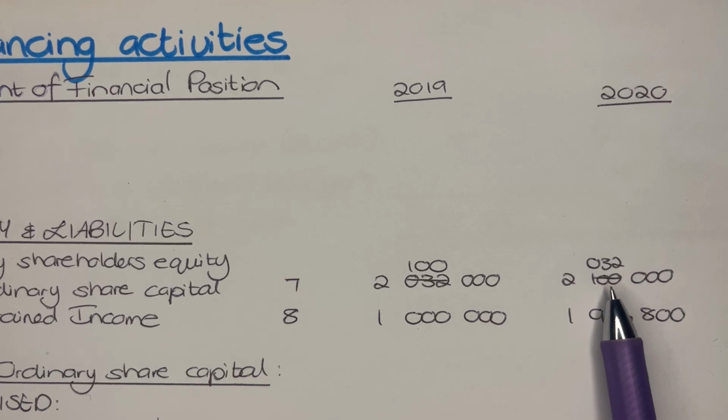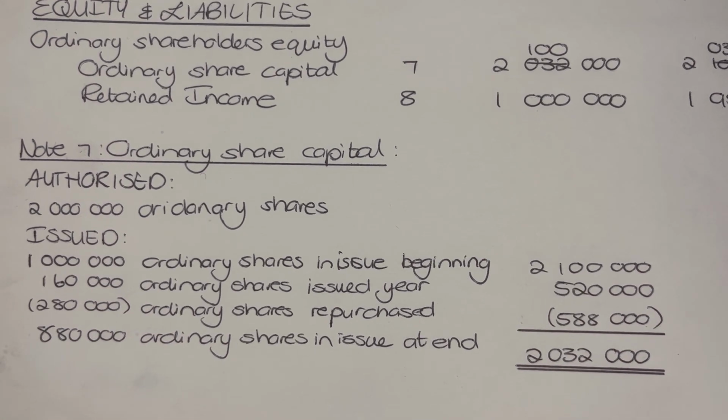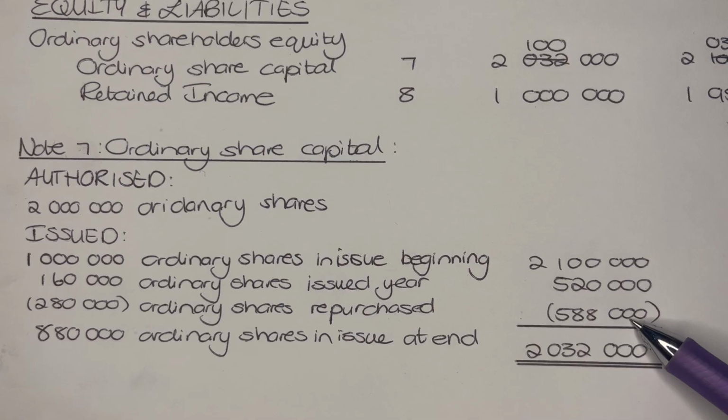No. If they provide you the note like they did here, then you'll see a lot more happened than just repurchasing of shares. You had your 2.1 million at the beginning of the year, then you issued more shares, then you bought back shares, and now you're sitting on 2 million. So in your cash flow, these two will be shown separately, but it's a little bit more complex than that.